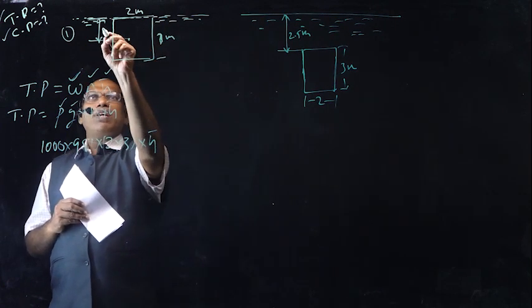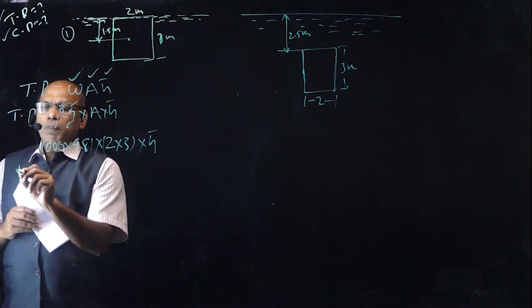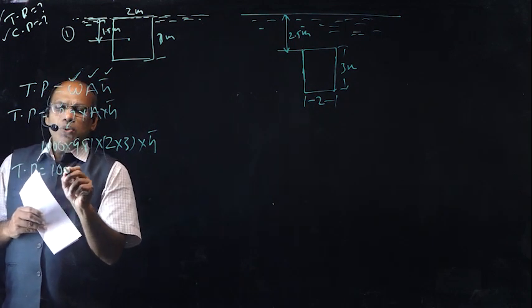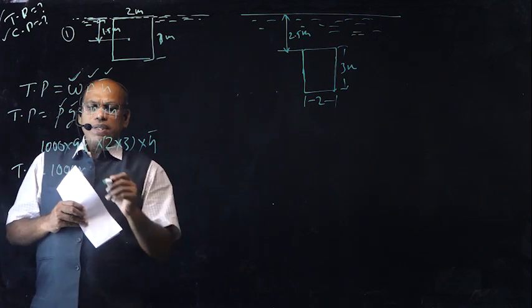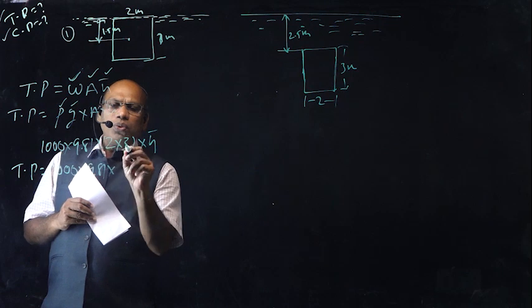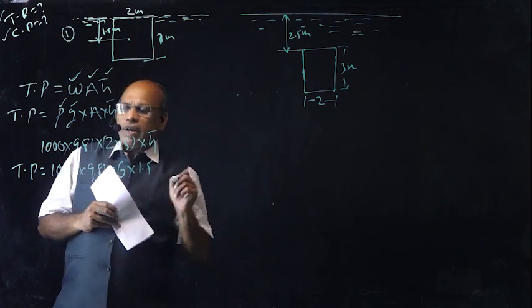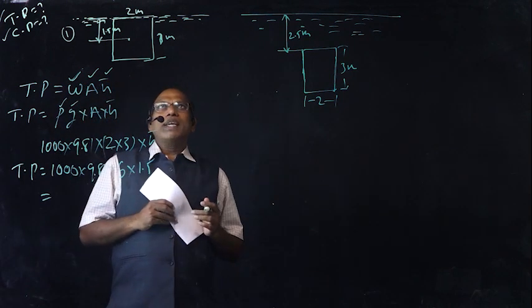Therefore, CG is equal to 1.5 meters. Therefore, total pressure equal to 1000 into 9.81 into 6 into 1.5 meters.